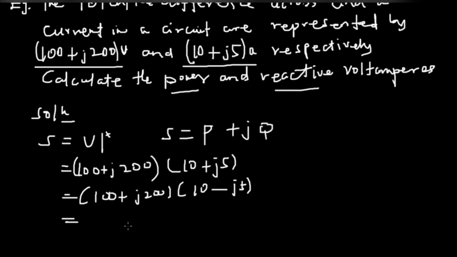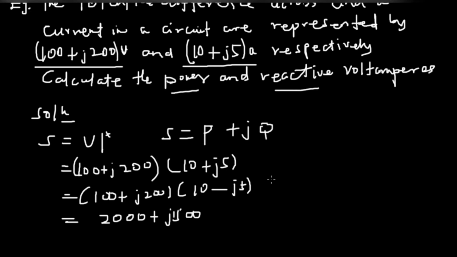When you do that simplification, you end up with 2000 plus j1005.